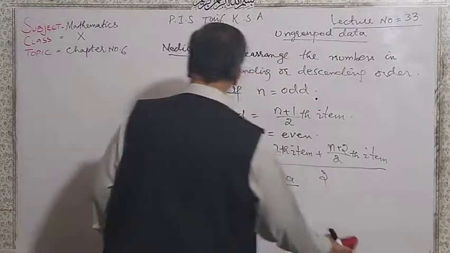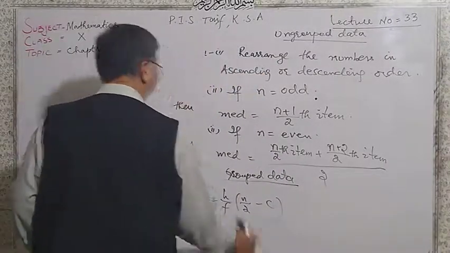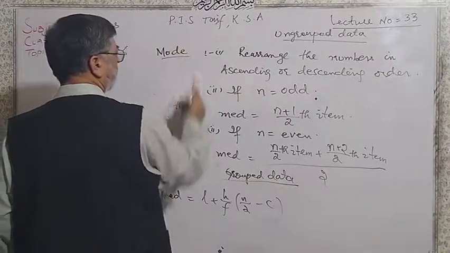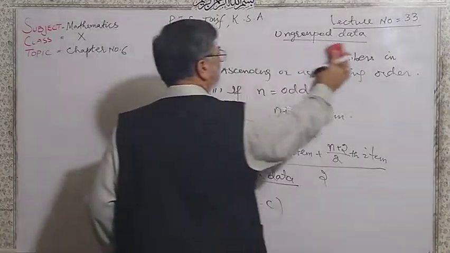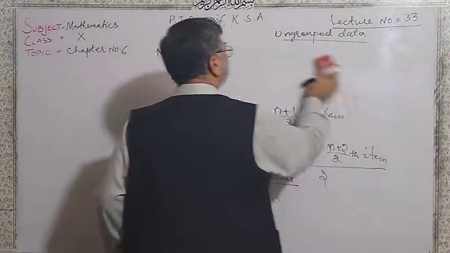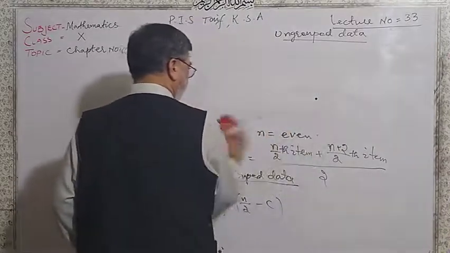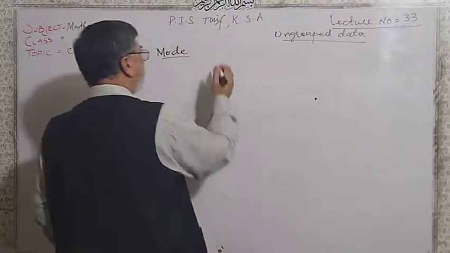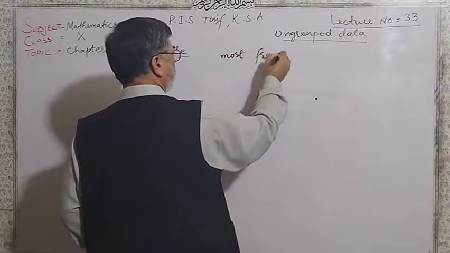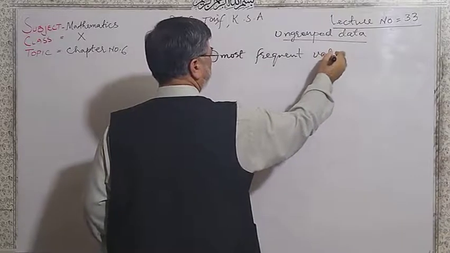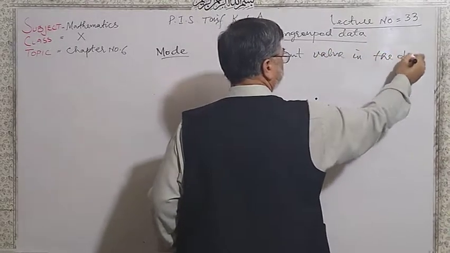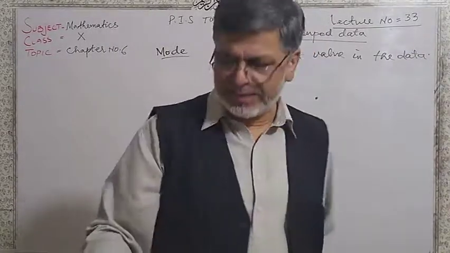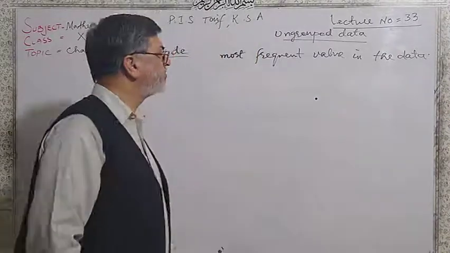After that, we have mode. In case of mode, if ungrouped data is given, then it is very simple: the most frequent value in the data is known as mode.